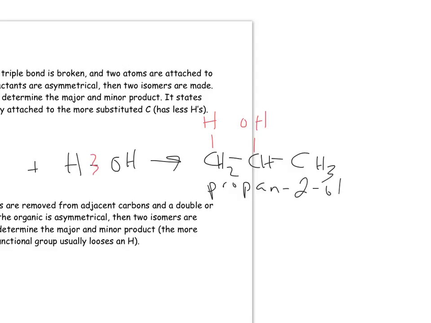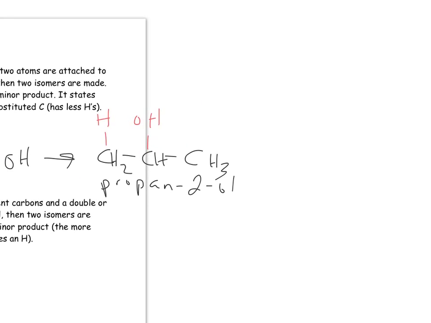The other isomer that gets made is just the reverse, where I stick the hydrogen on carbon 2 and the hydroxyl group gets put on carbon 1. In this case, I would get propan-1-ol.